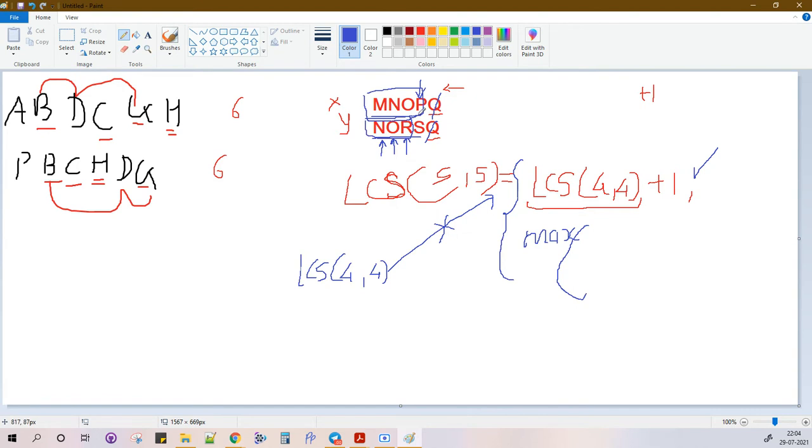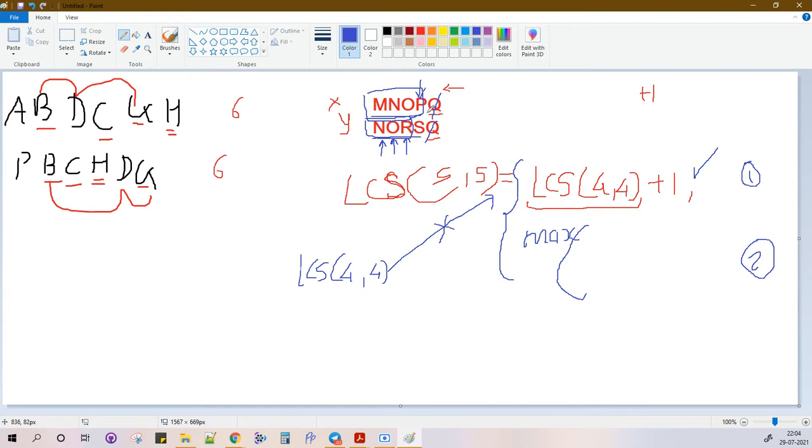Any doubt, guys, why we are not taking S? Because P and S are not matching, that we know. If it was matching, we would have just discarded it and increased the count by 1. It would be case number 1 basically. Since it is case number 2, we know for sure that P and S, the last elements in the subsequence, are not matching.